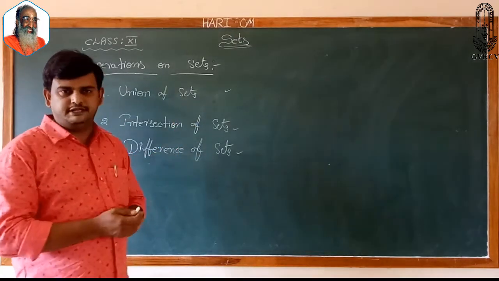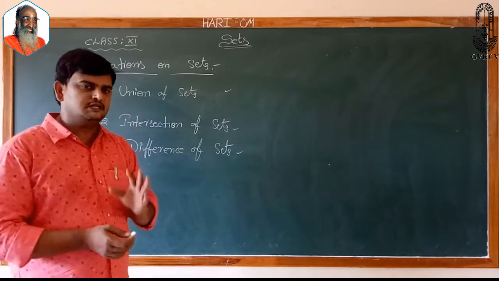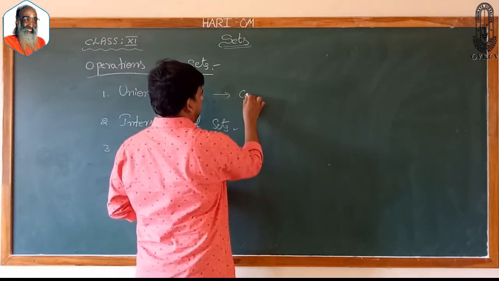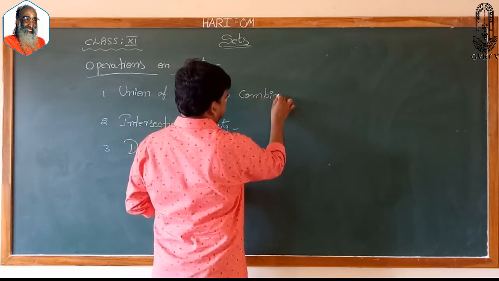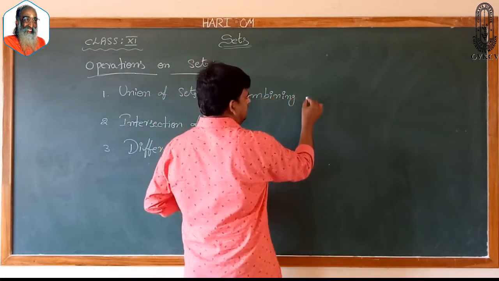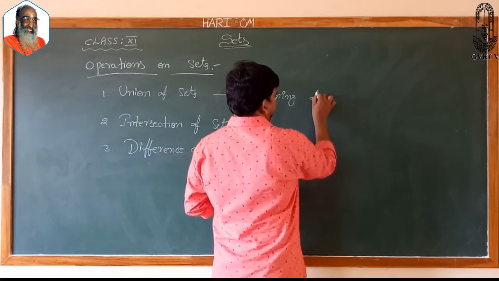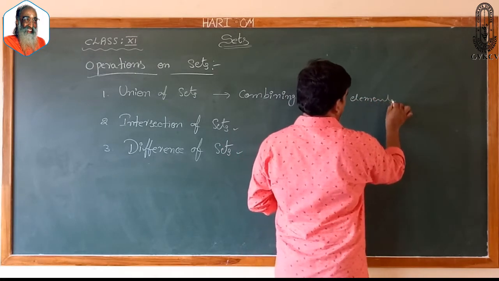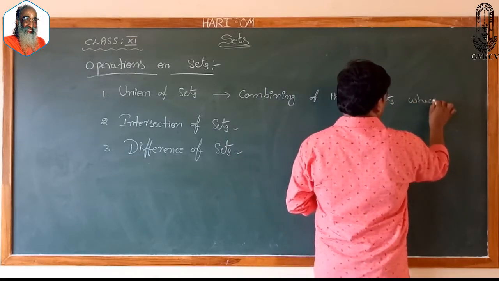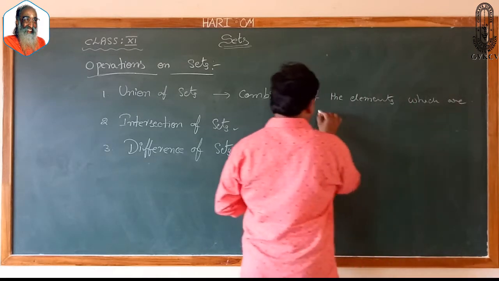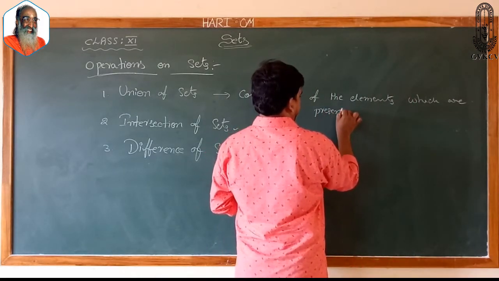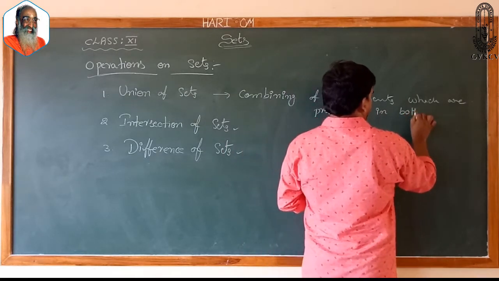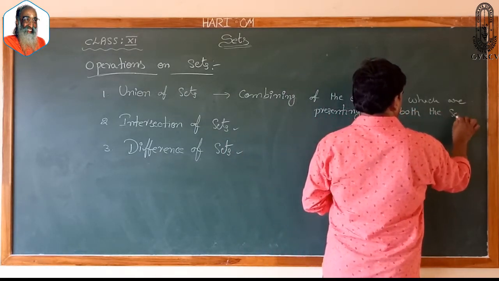Now, first, union of sets. Union of sets is nothing but a simple word. In one word, I will tell you: combining of the elements which are present in both the sets.